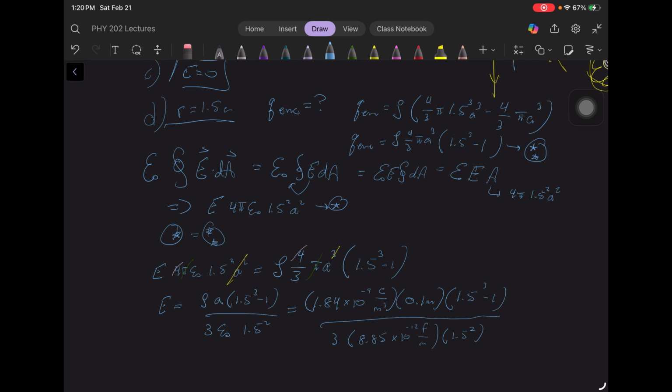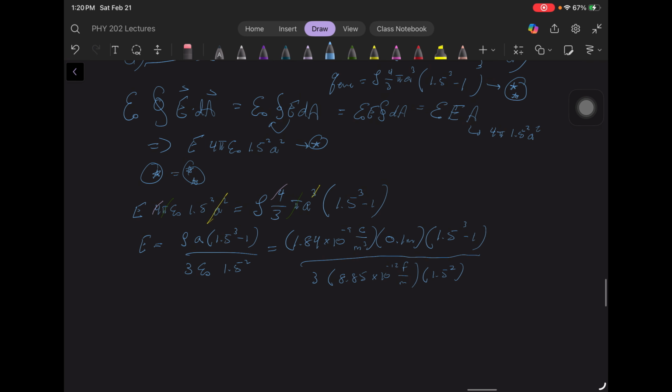When we plug all this in, we get E is equal to 7.32 newtons per coulomb. And so there's part D.